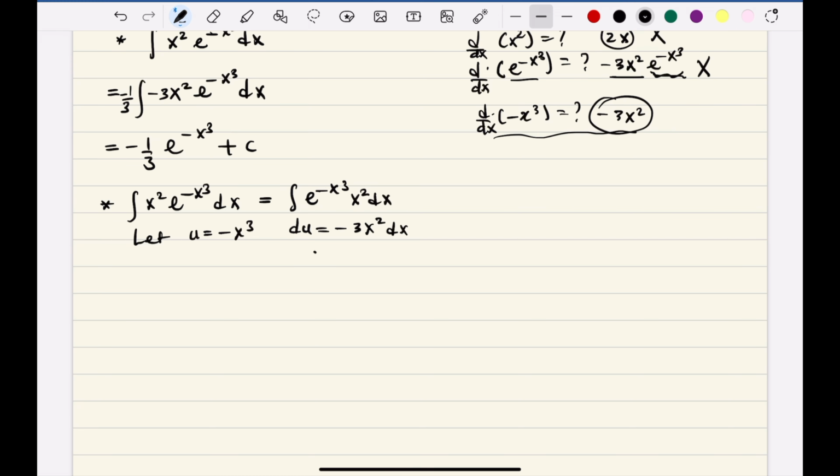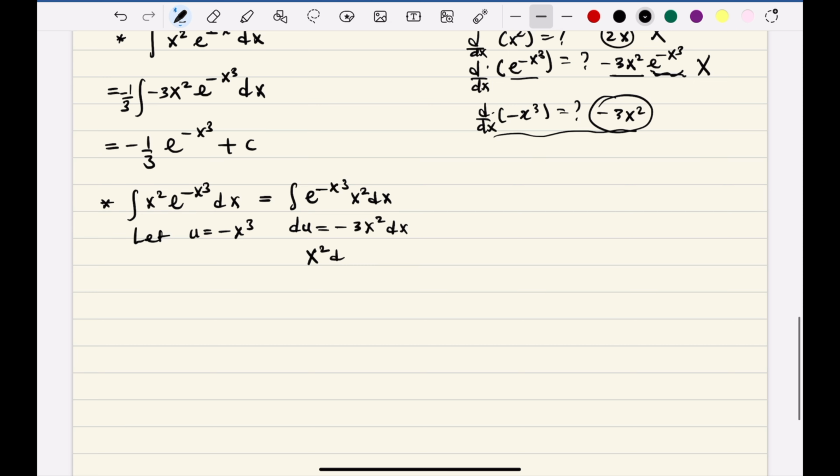To make this substitution make sense, we want to make x squared dx the subject of the formula.